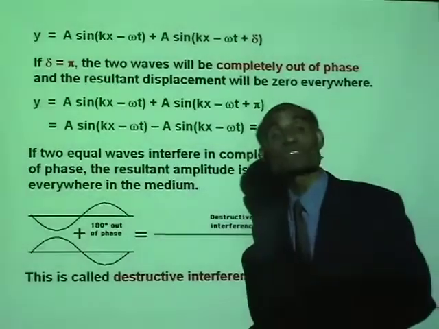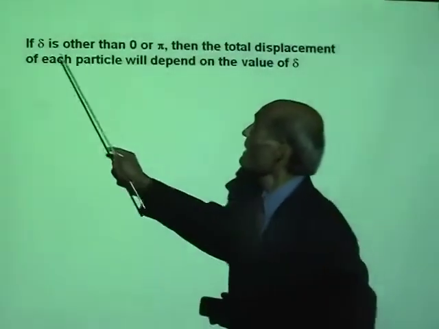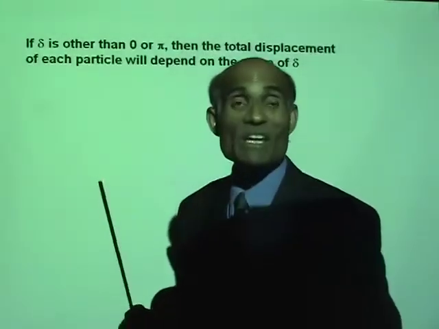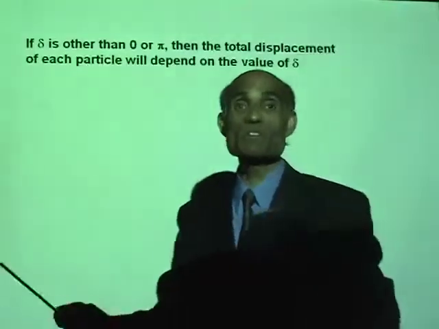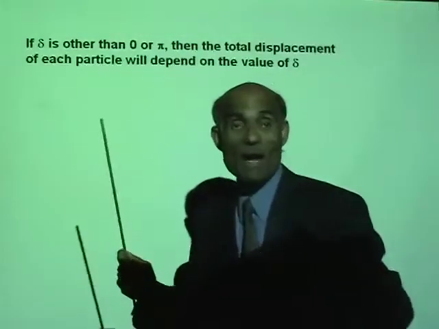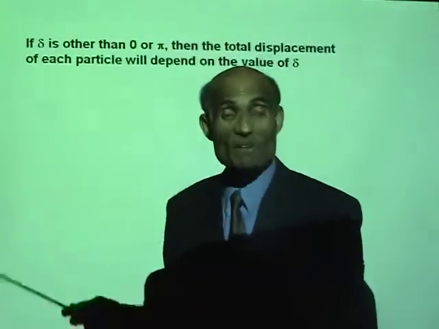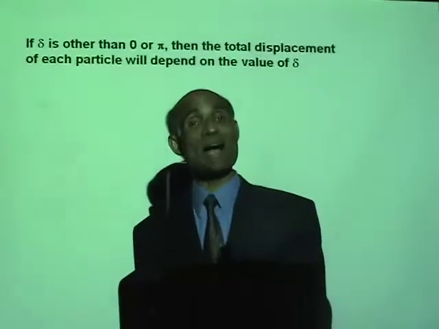So interference can be constructive or destructive. If delta is 0, you have constructive interference. If delta is pi, you have destructive interference. In practice, the value of delta can be anywhere between 0 and pi.